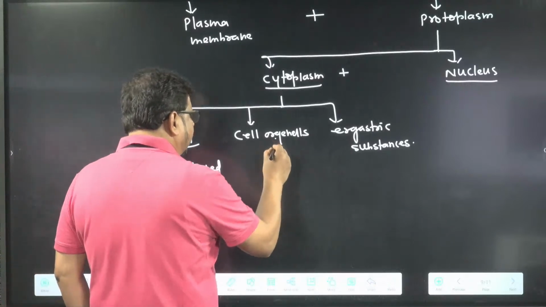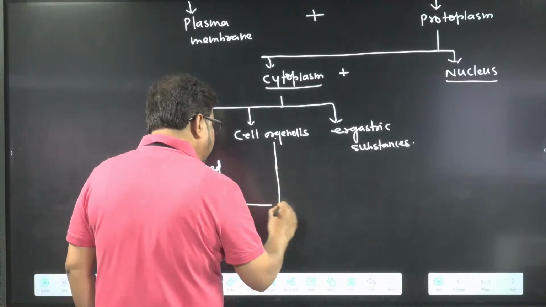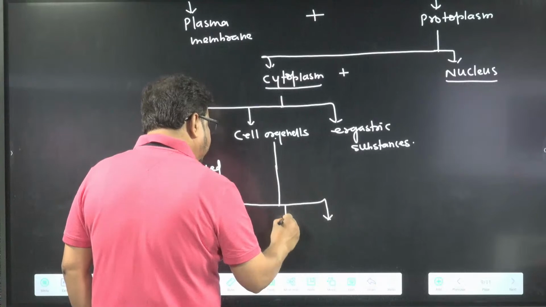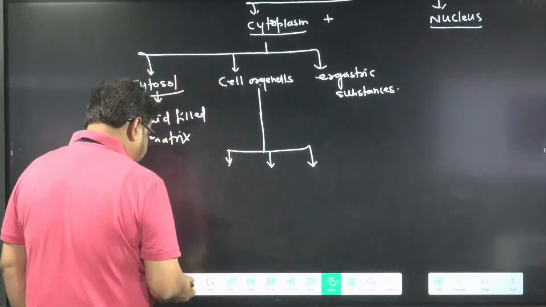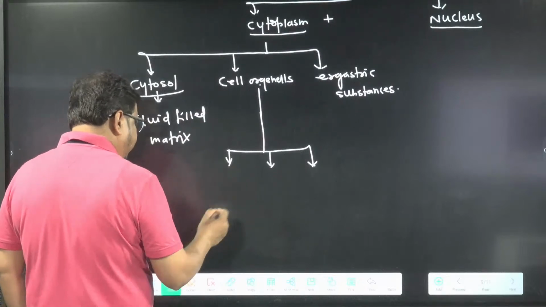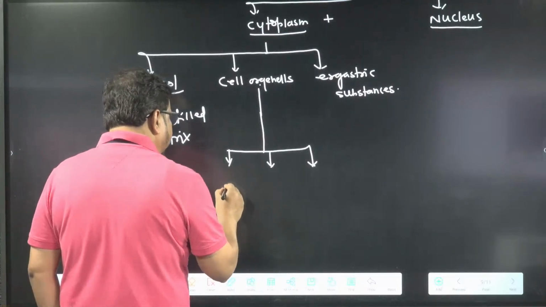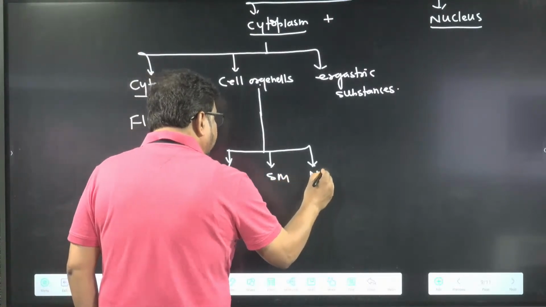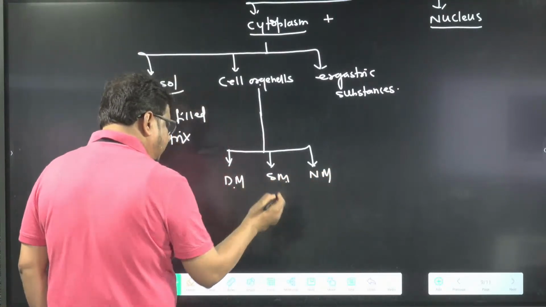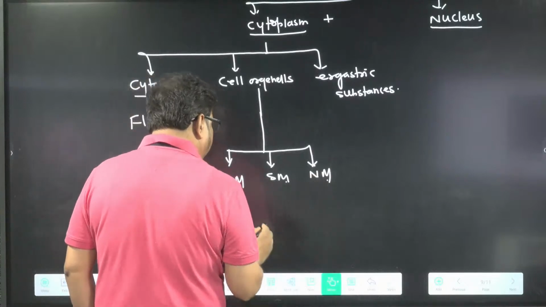Now cell organelles. We categorize cell organelles in three categories. Category number one is DM, SM and NM: double membrane bounded, single membrane bounded and non-membrane bounded organelles.